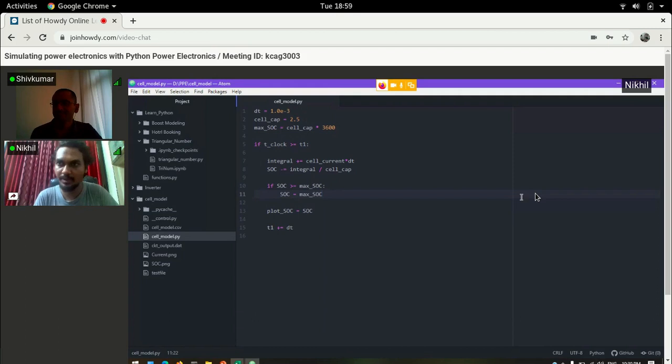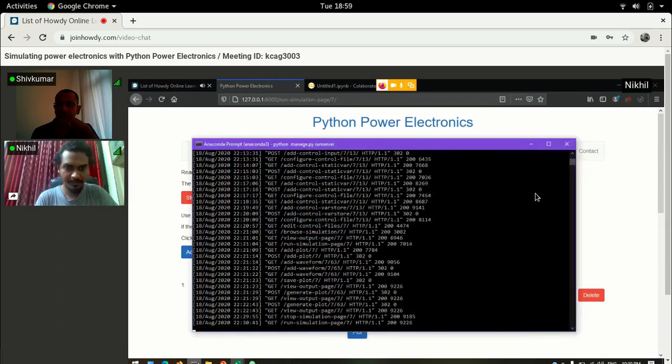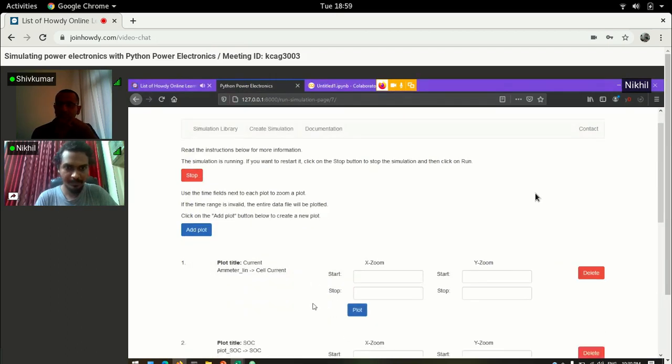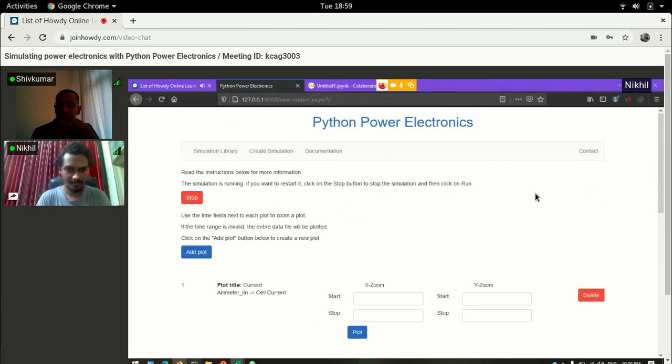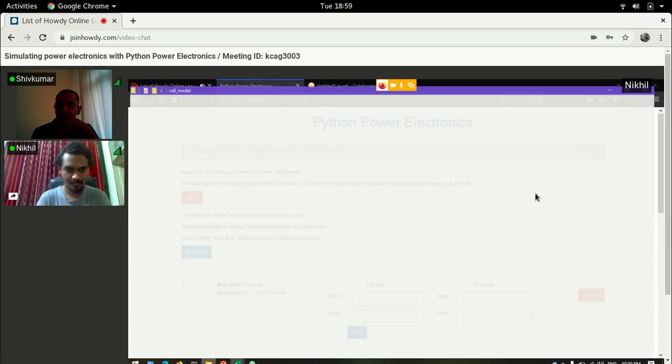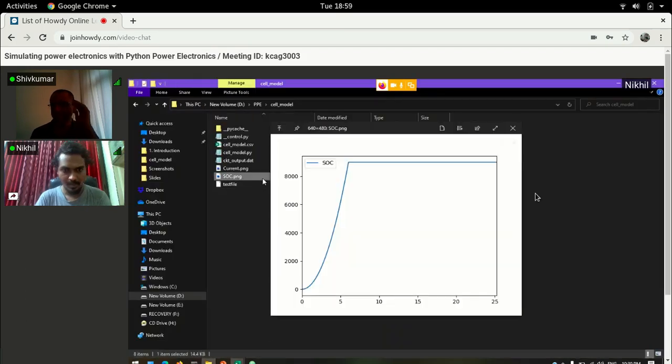Okay, so let's first simulate this and see what the changes are. So now you see it is capping.